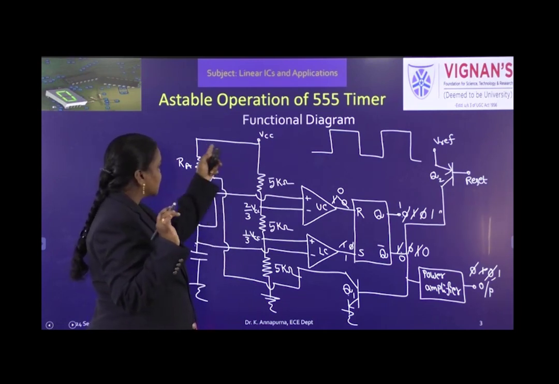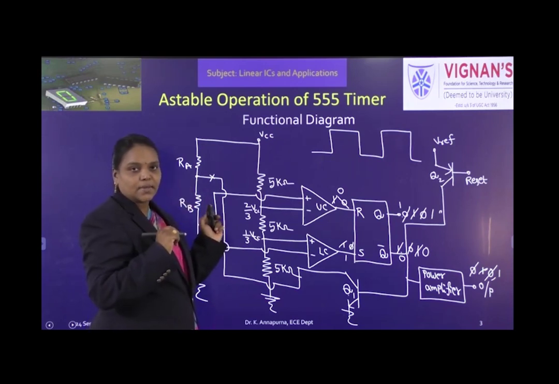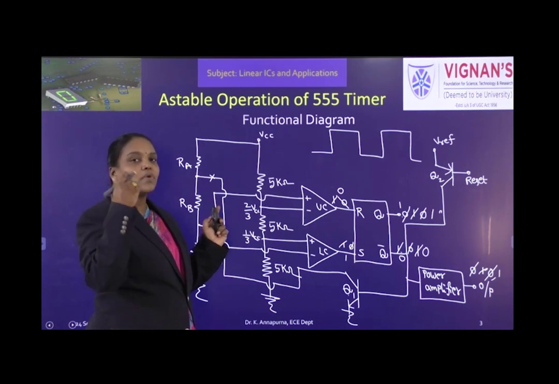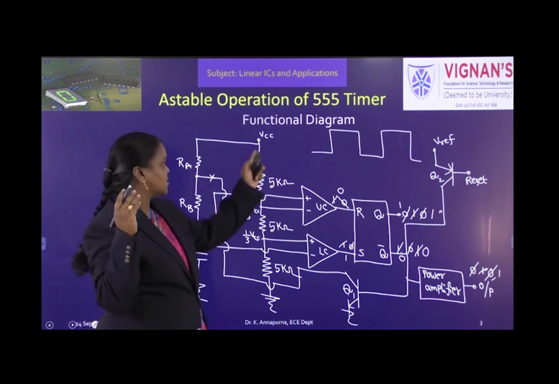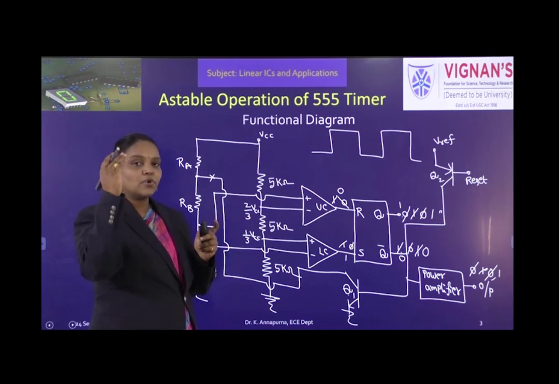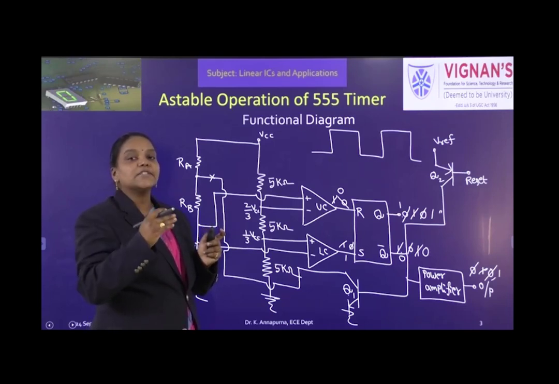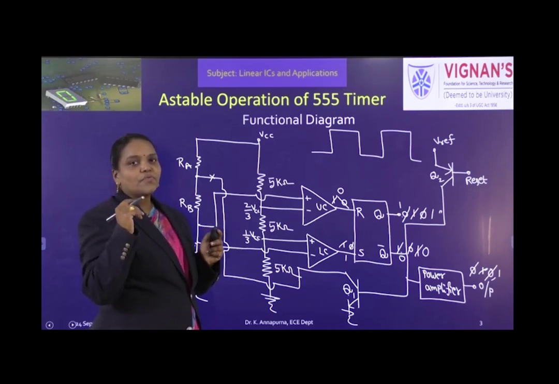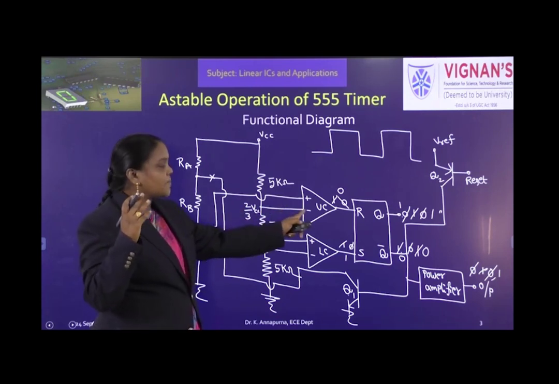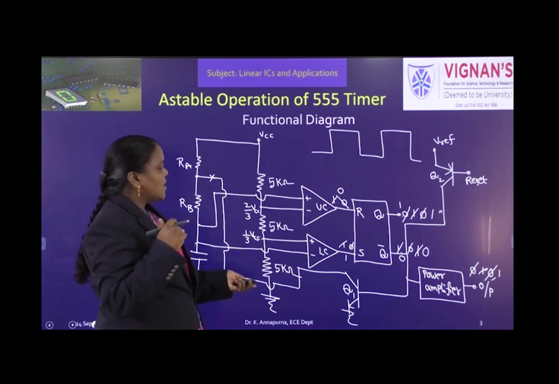So now it starts charging through RA and RB towards VCC. It starts charging from 1/3 VCC, and its final target is VCC, because its source is VCC. But in between, its voltage will reach 2/3 VCC. Whenever the capacitor voltage just exceeds 2/3 VCC, the upper comparator triggers and changes the state.